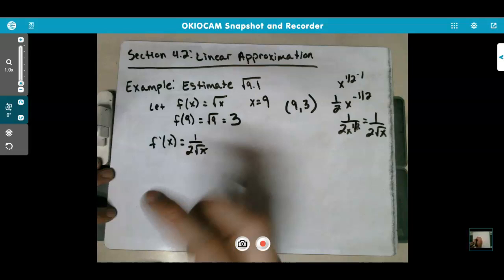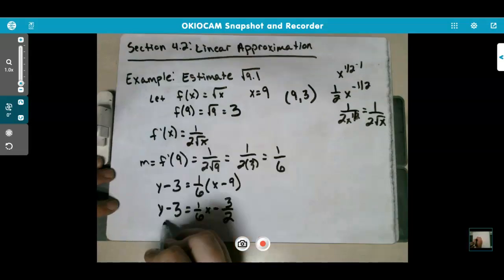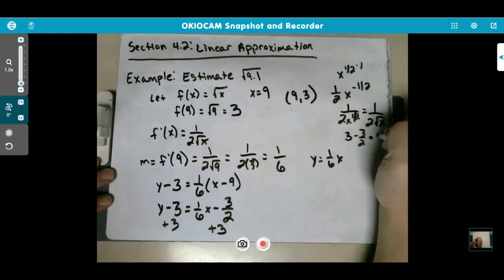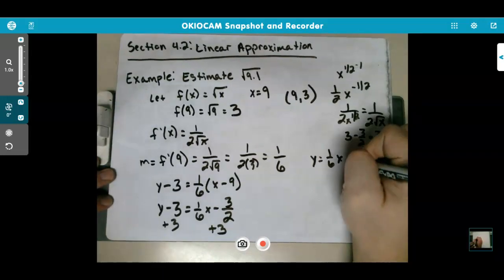Solve this. x minus 9 over 6, the 9 over 6 is like saying 3 over 2. Add 3 on both sides. y is equal to 1/6 x, negative 3/2 plus 3. That's like doing 3 minus 3 over 2. So that would give you 3 over 2. So plus 3 over 2.